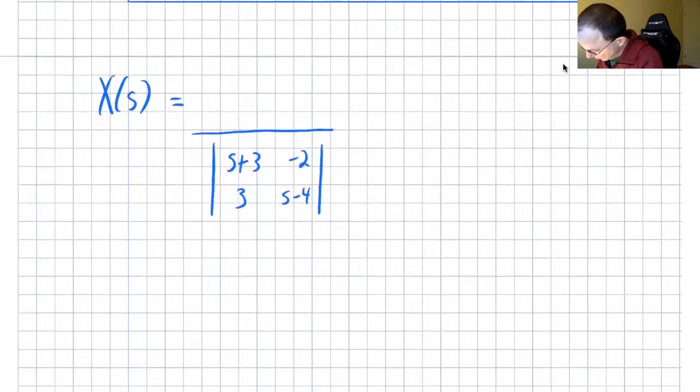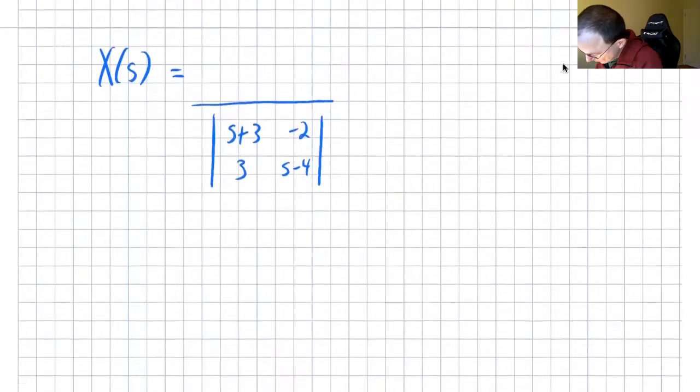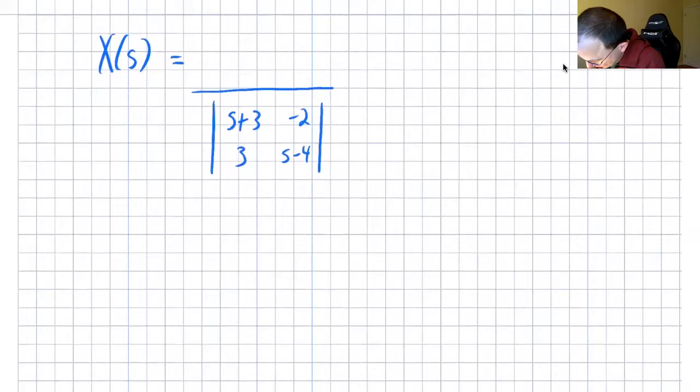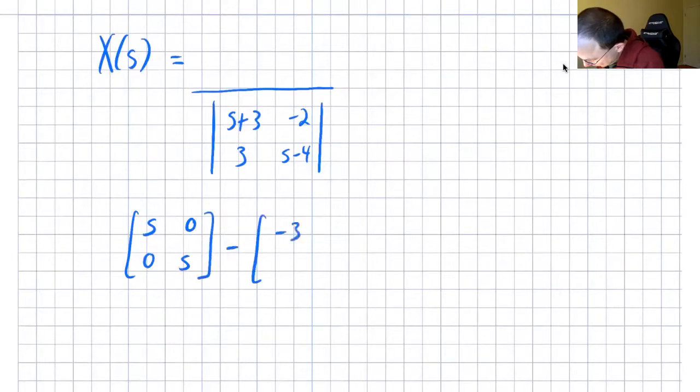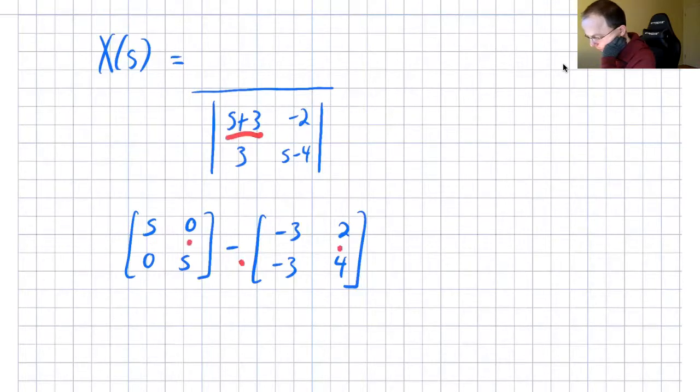This expression here, you could think of it as s, 0, 0, s, minus 3, 2, minus 3, 4. So that's what's appearing right there. You have s minus 3, so it's s plus 3, 0 minus 2, so you get minus 2, 0 minus 3, so it gives you 3, and then s minus 4.